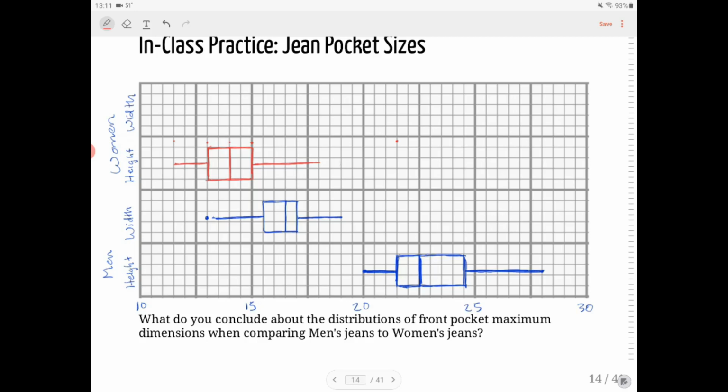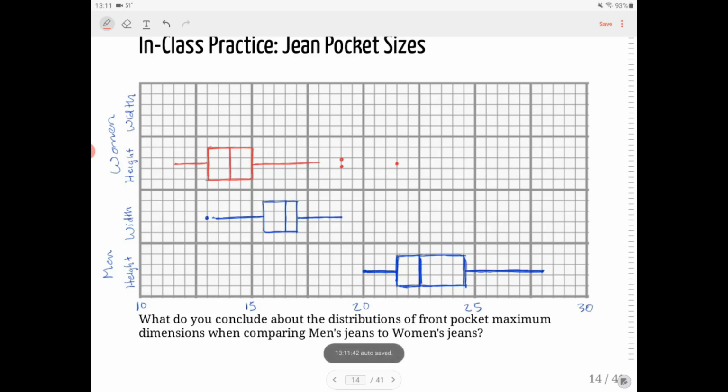Okay, so let's put 2 dots here for that, and then 1 dot at our maximum. Very nice. And then we can go through and erase our little guide marks there. Okay. So from this, we conclude that the height of women's pockets is absolutely pathetic. Sorry, editorializing.